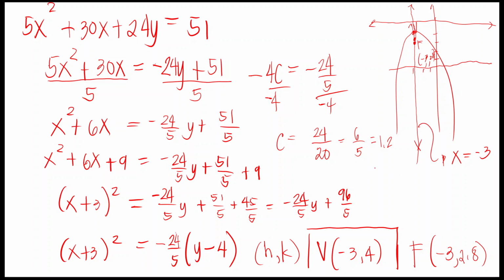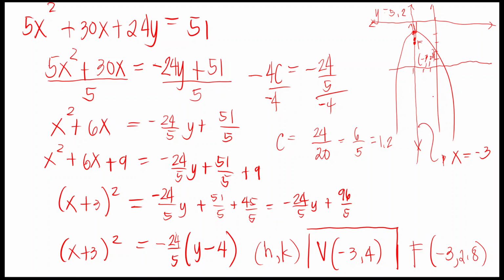This time, we add 1.2 to the y value of the vertex. The y value of the vertex is 4. We add c, which is 1.2, and we get 4 plus 1.2, that is 5.2. Okay, that is the y value of the directrix. And since this is a perfectly horizontal line, the equation of the line would become y equals 5.2.